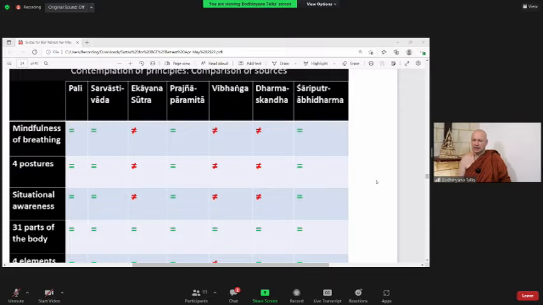So actually, mindfulness of breathing does not belong under body contemplation, because it belongs under the whole of Satipatthana. It is the main way of practicing Satipatthana, and we shall see this later on with much more clarity once we come to the mindfulness of breathing.